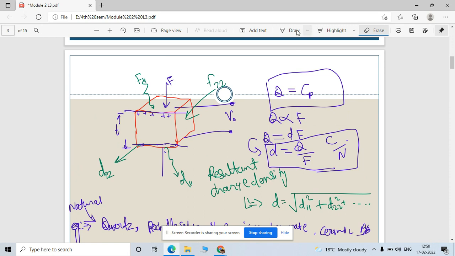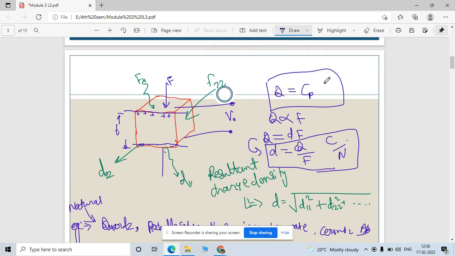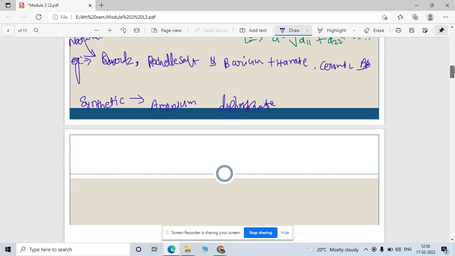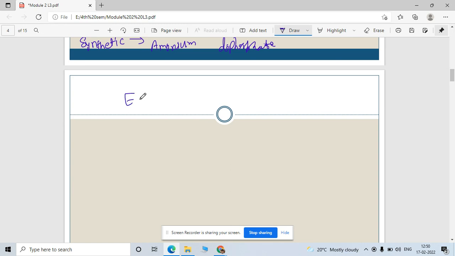This is the general equation: Q, the charge, equals C into V. Let's define it in terms of E. I rewrite that equation as E equals Q by Cp, where Cp is the piezoelectric capacitance.